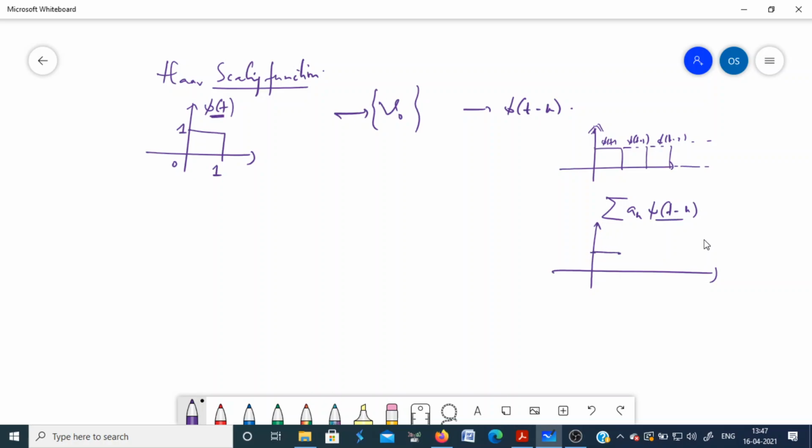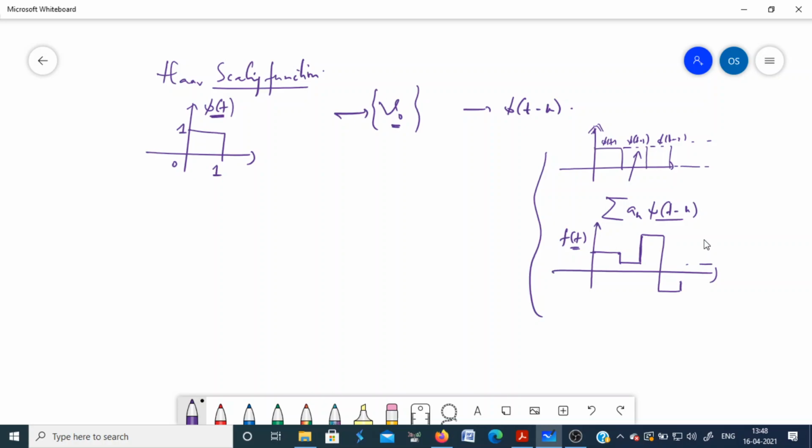Then multiply phi of t minus 1 with 1 by 2, its magnitude will become half. Then multiply phi of t minus 2 with 2, it will go here. If you multiply with a negative value, it will go down, like this. So you can generate functions like this, and the set of all these functions is the space v naught.